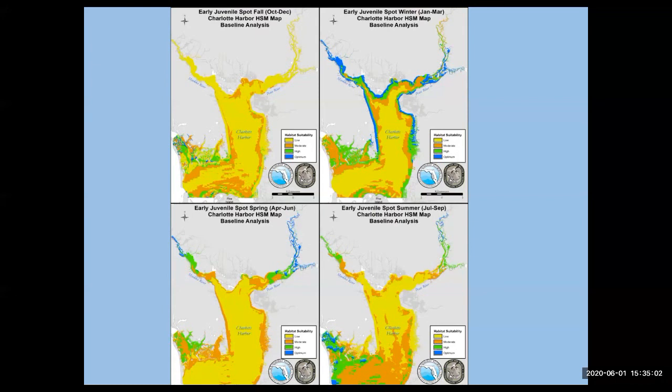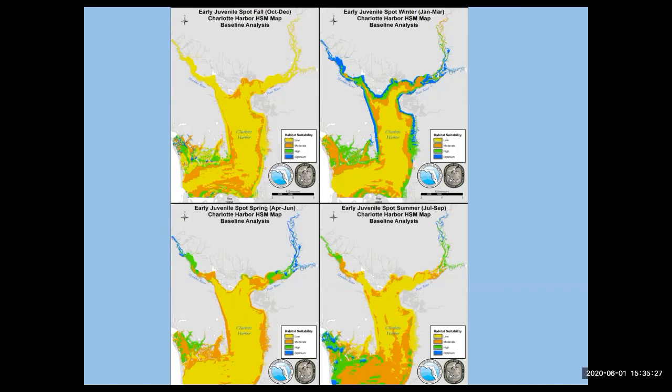And so the question is, why are they doing that? Because you've got this happening with spot in the spring and red drum in the winter. They're moving up into this zone, and then in the following season, especially in this map, it's a little hard to see on my screen, but they've moved.